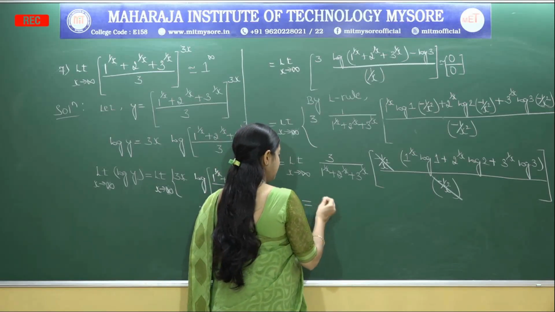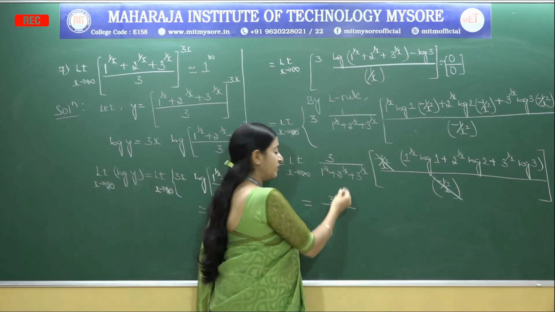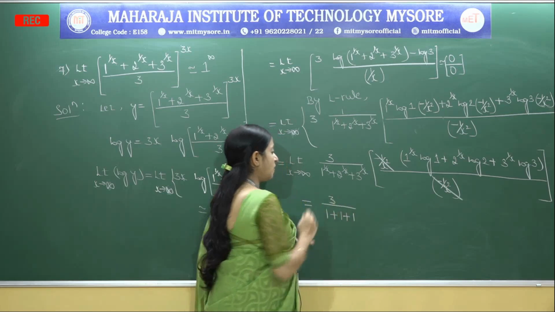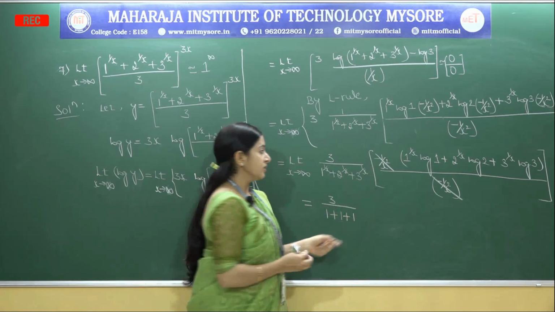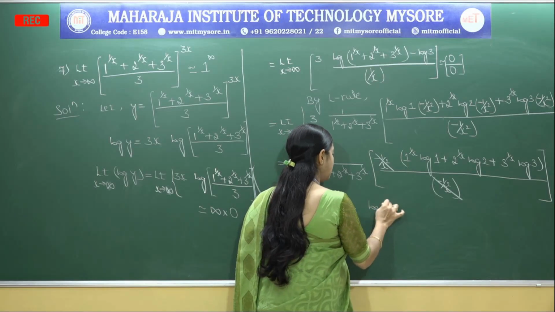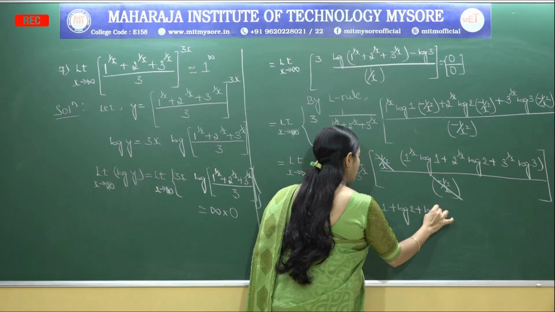So apply the limit: 1/infinity will be 0. So 1 power 0 is 1, and 2 power 0, 3 power 0 will be 1. So keep log 1 as it is, plus log 2 plus log 3.